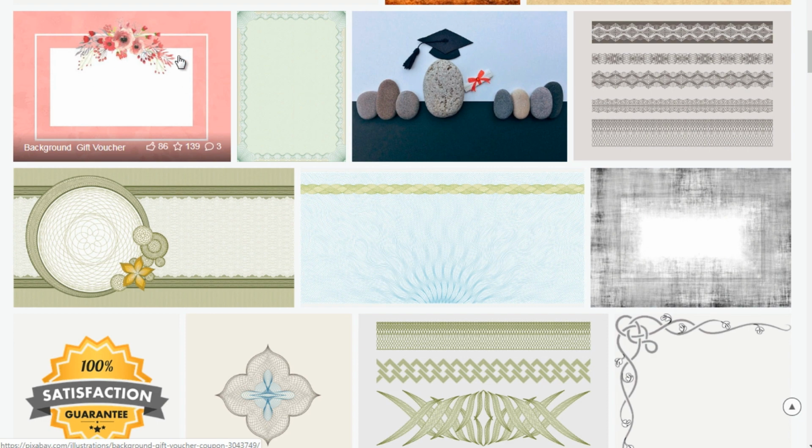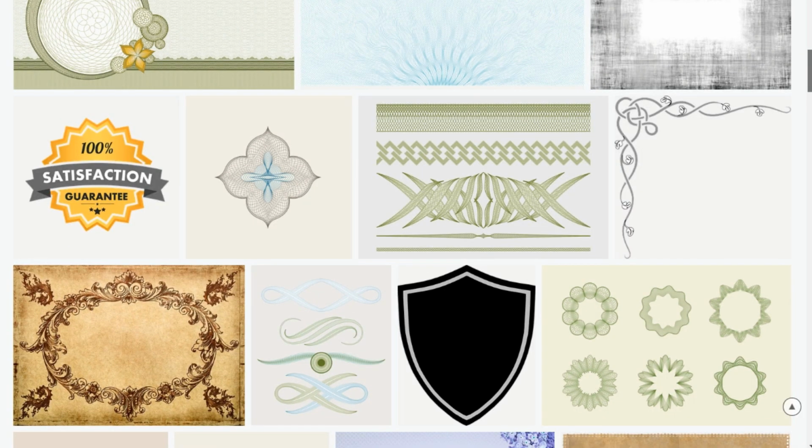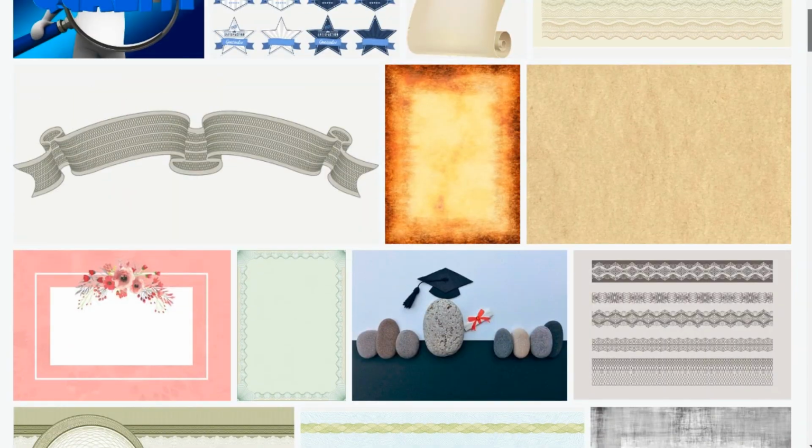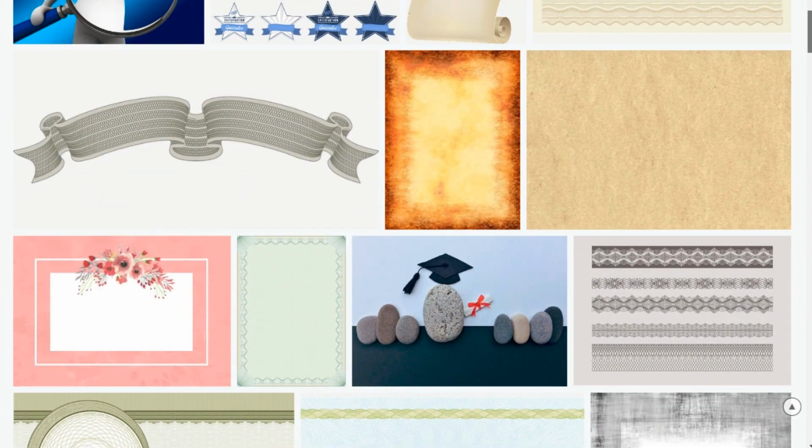So it's okay to have some words, but you do want to have some bare spots. For example, if you had a certificate with a lot of words like this, that would not work. So all you need to do is simply download one of these.